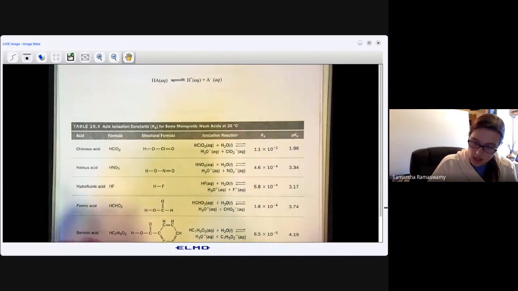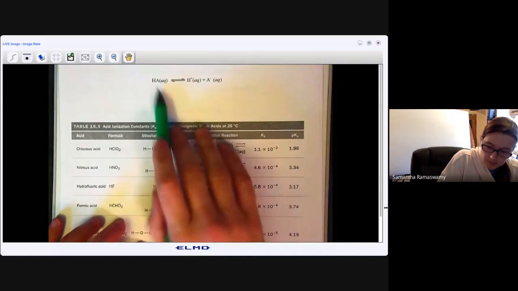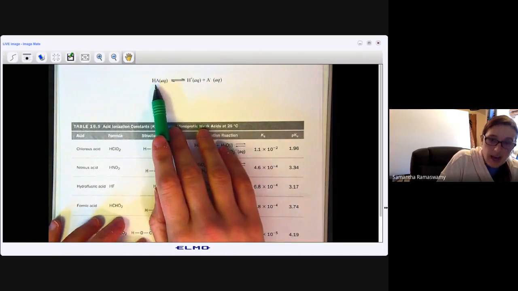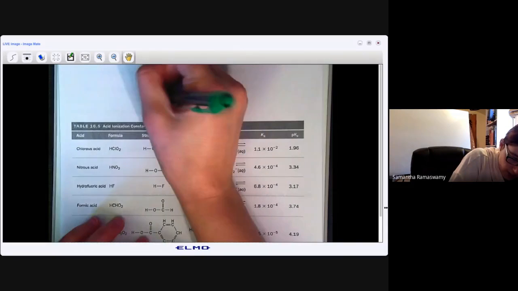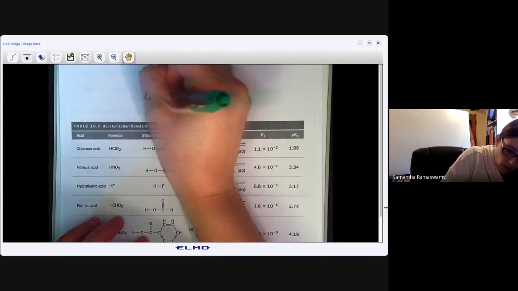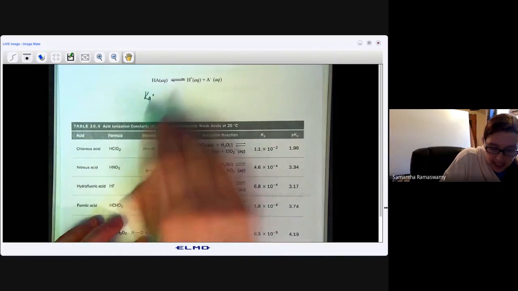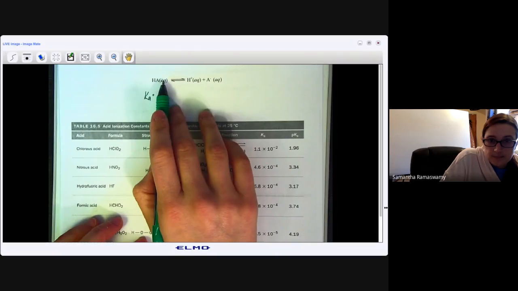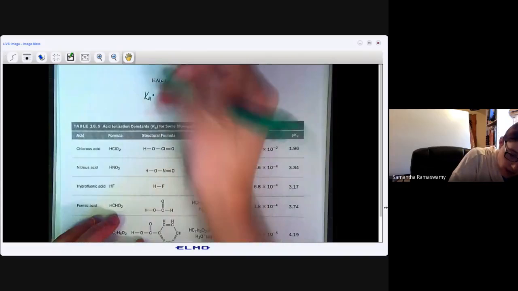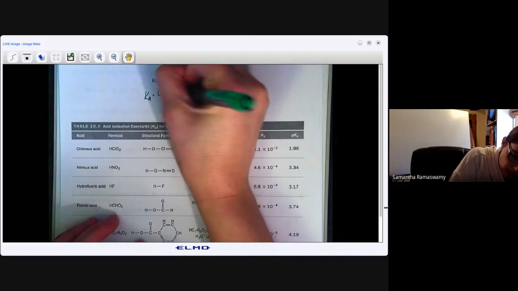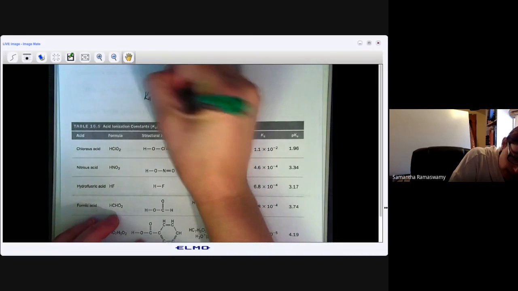So if we look at writing the Ka expression, the A means that we were looking at an acid here. So we have an acid because it's producing H+. So we have products over reactants, H+ times A- over HA.